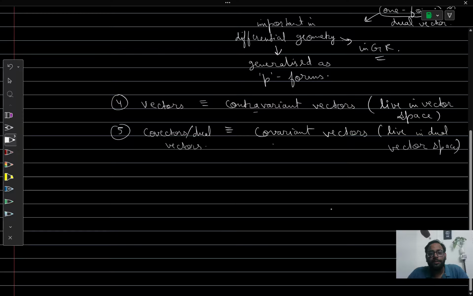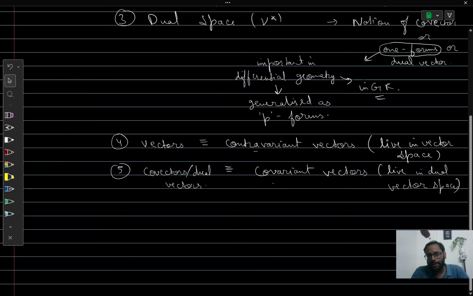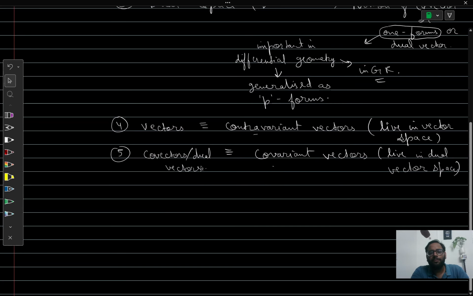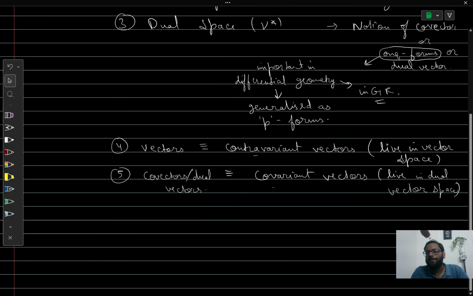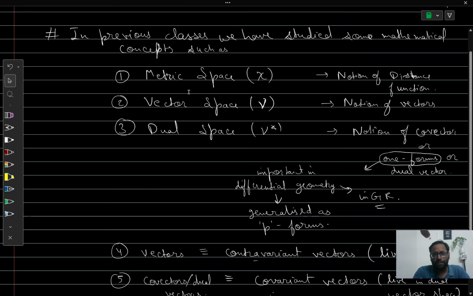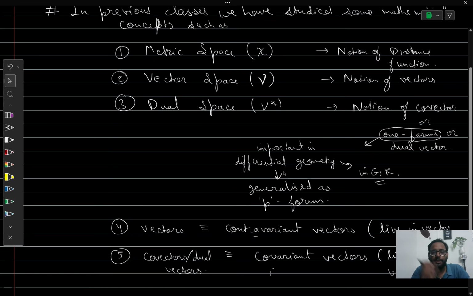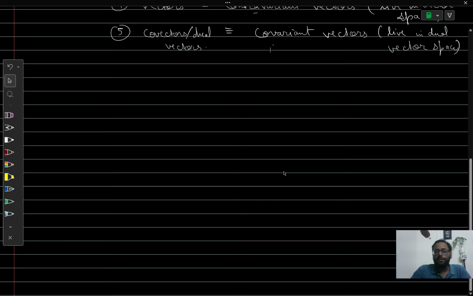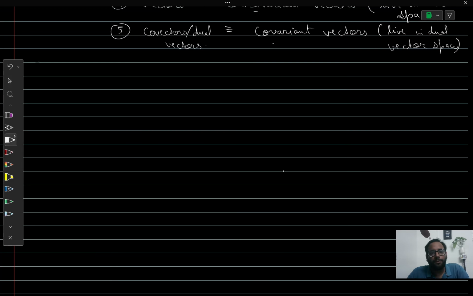You can also define these as covectors. But when you go to differential geometry, then you can call these dual vectors one forms. One forms you can easily visualize as planes or surfaces, and vectors of course as arrows in space. So let's understand the actual meaning of contravariant and covariant.